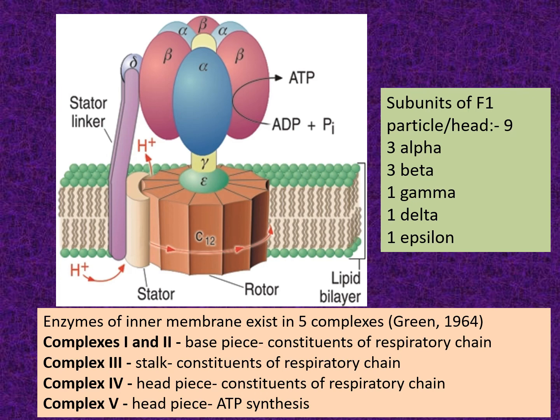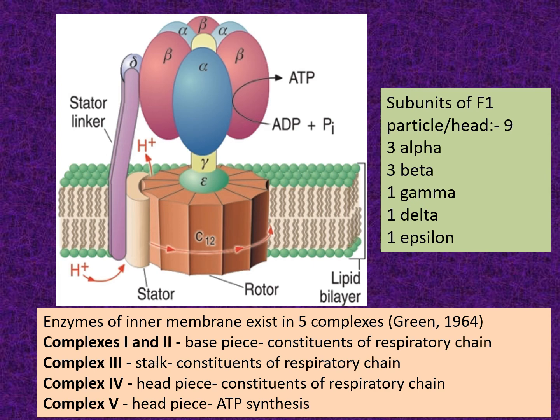Then the enzymes of the inner membrane which take part in oxidative phosphorylation and the electron transport chain can all be grouped into 5. They actually remain as 5 different complexes: complex 1, 2, 3, 4 and 5. The enzyme complexes 1 and 2 are located in the base region.